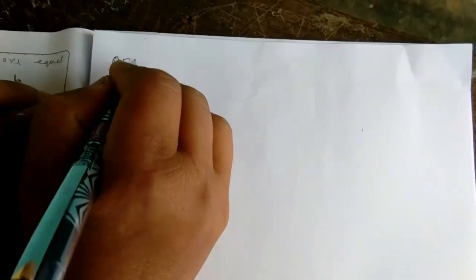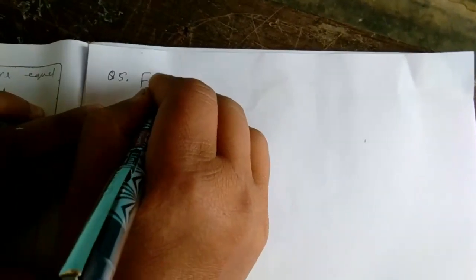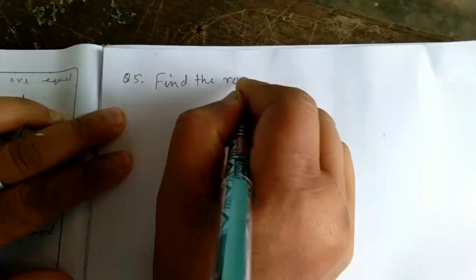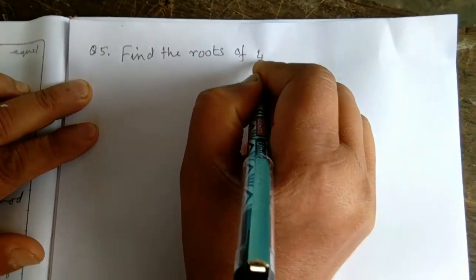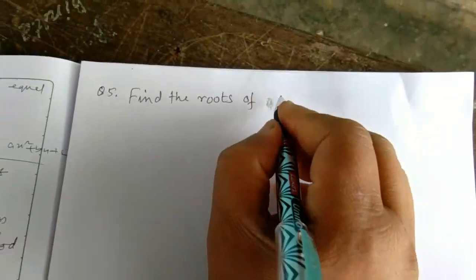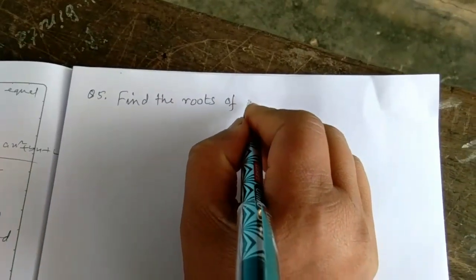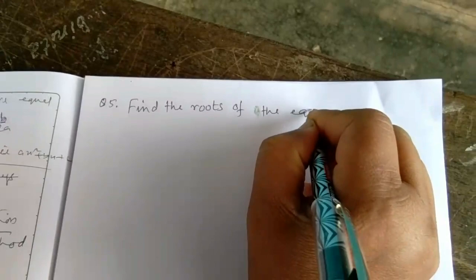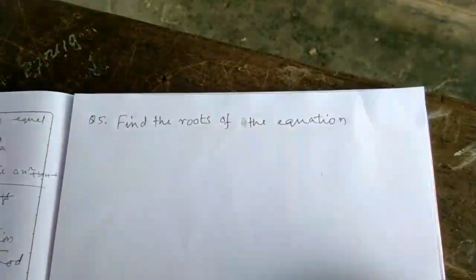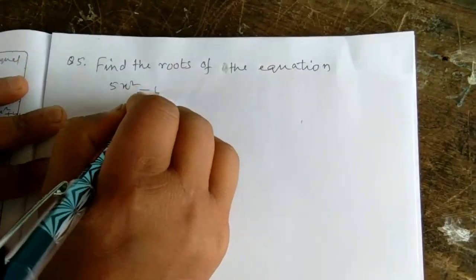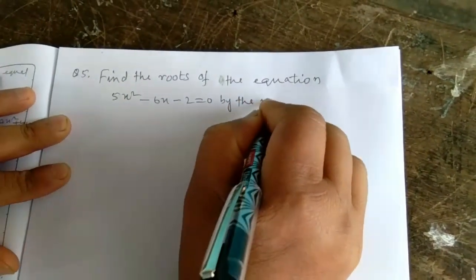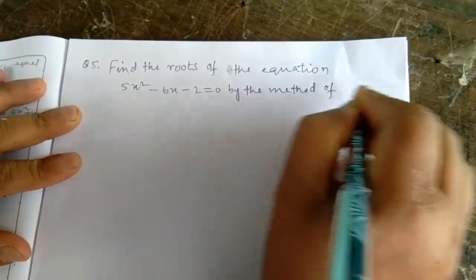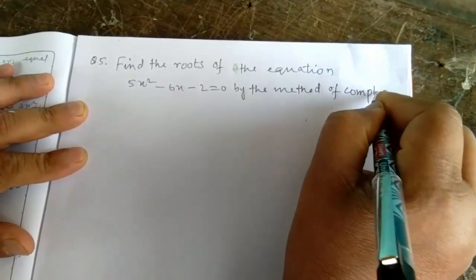So question number 5: find the roots of the equation 5x square minus 6x minus 2 equal to 0 by the method of completing square.